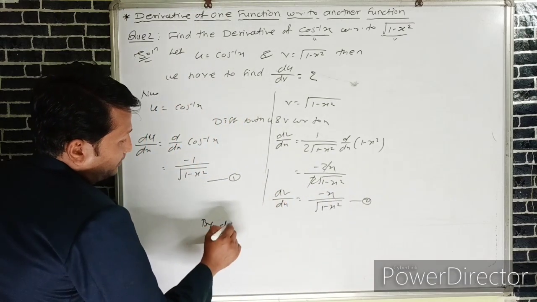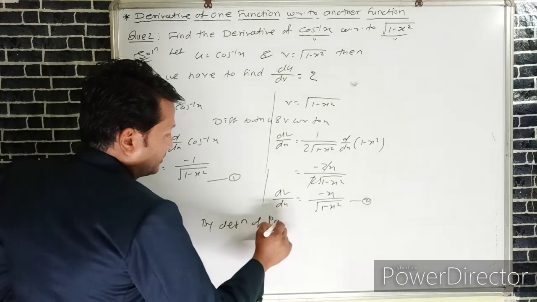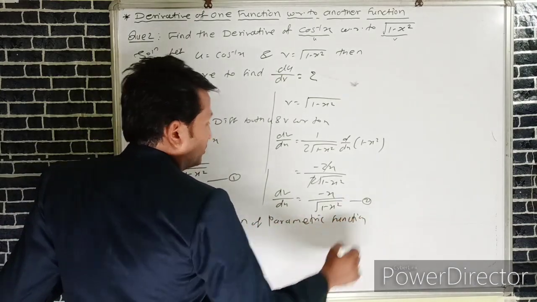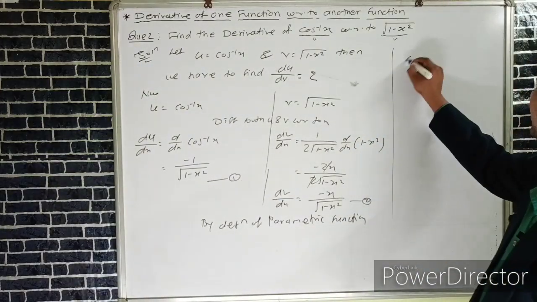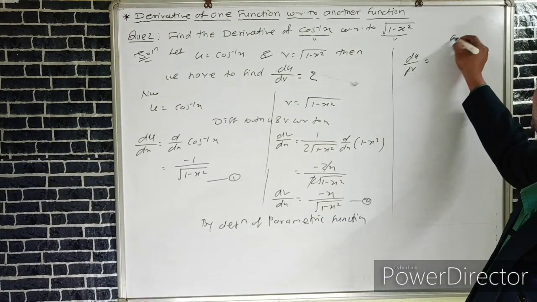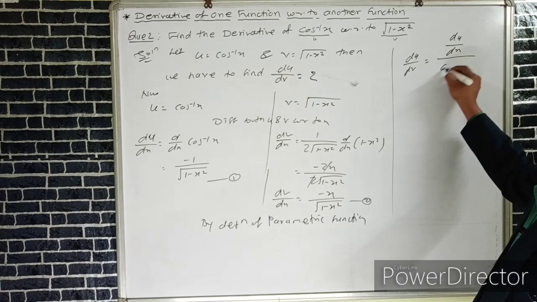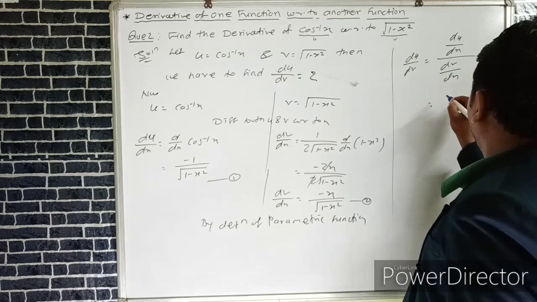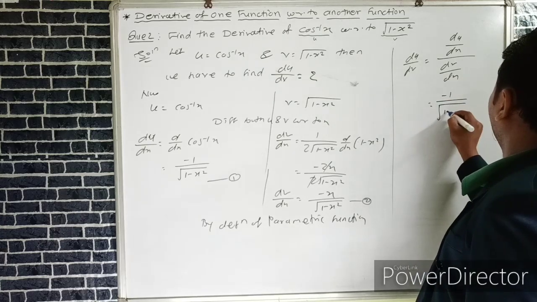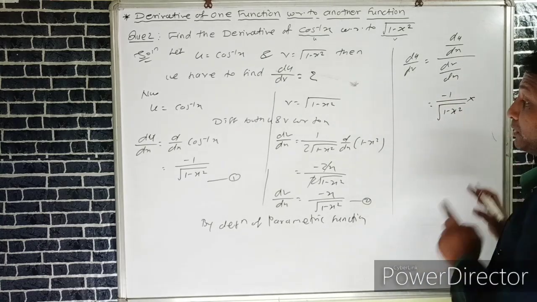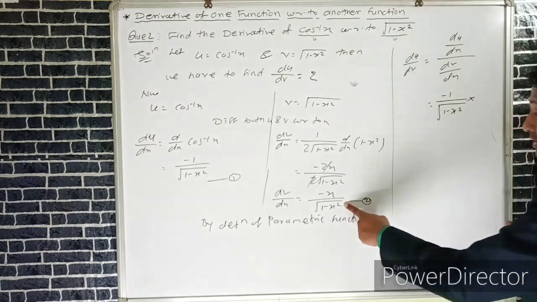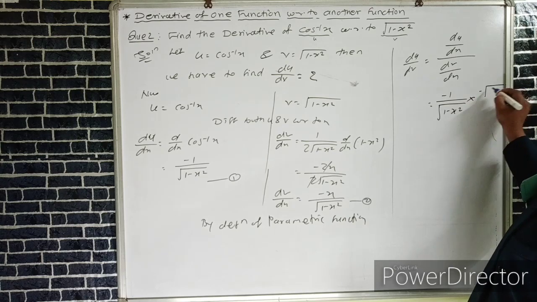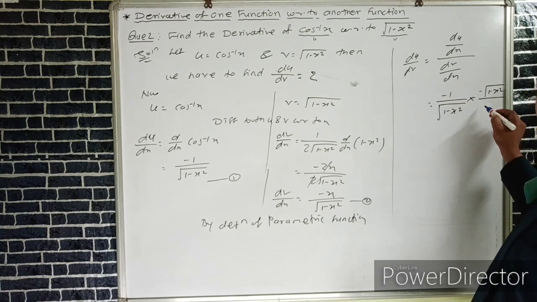We know that by the definition of parametric function, we can write du upon dv is equal to du by dx upon dv by dx. Here the value of du by dx is minus 1 upon under root of 1 minus x square. We take dv by dx in reciprocal form, it means interchanging numerator and denominator: minus under root of 1 minus x square upon x.